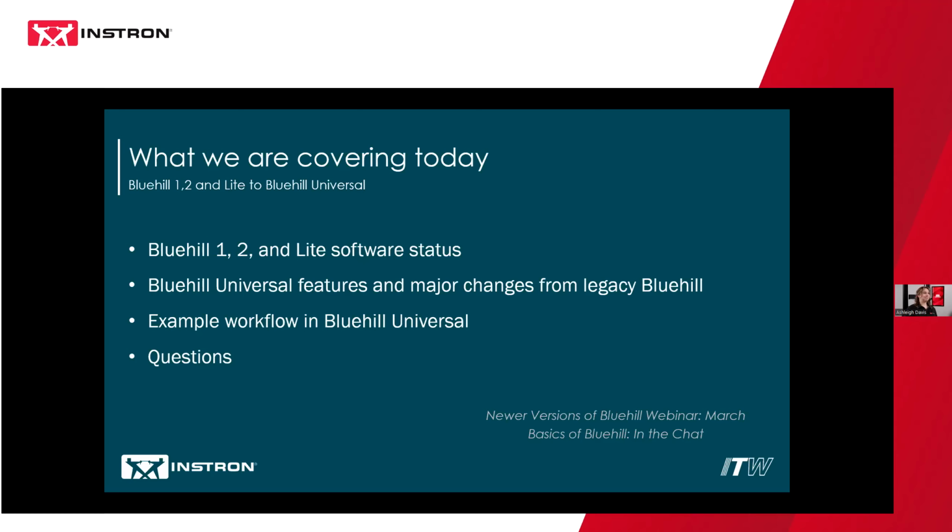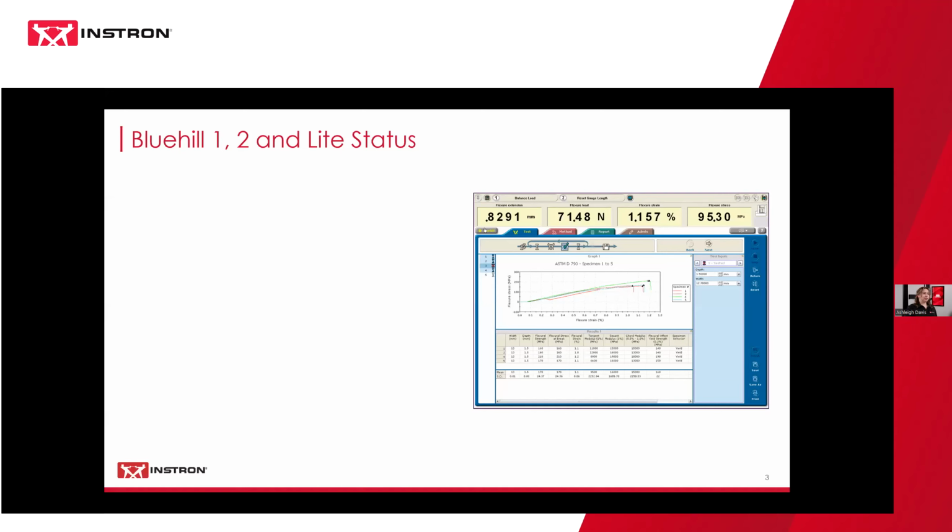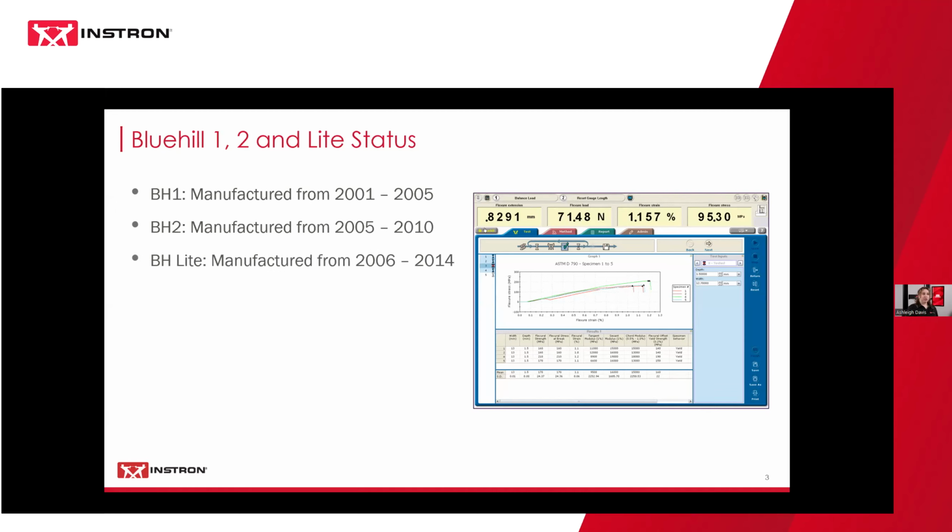So with that, let's talk about the status of these legacy softwares, 1, 2, and Lite. Bluehill 1 was actually manufactured from 2001 to 2005. After that, Bluehill 2 came out. That was manufactured from 2005 to 2010. And then we have Bluehill Lite, which is our lower tier option for Bluehill 2 and Bluehill 3. That was manufactured from 2006 to 2014.